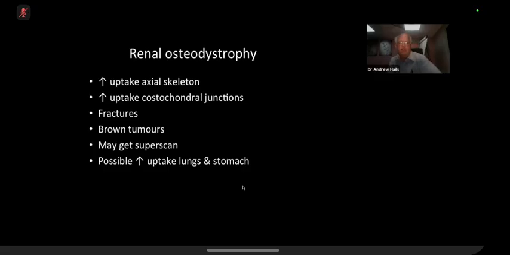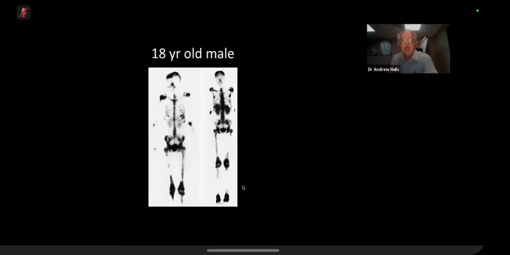Increased uptake, costochondral junctions, fractures, brown tumours, and possibly increased uptake also due to calcification in the lungs and the stomach. I will ask you some more questions in a minute. I'm hurrying partly because of time, but also because this is not a very common sort of diagnosis to make.